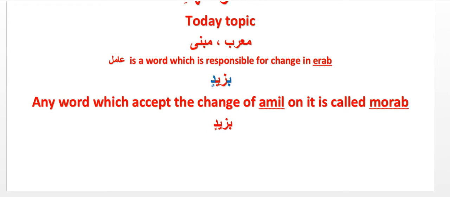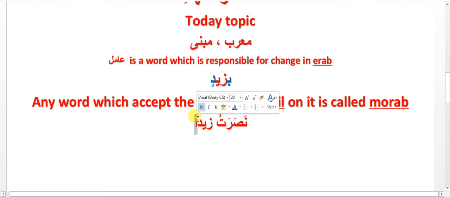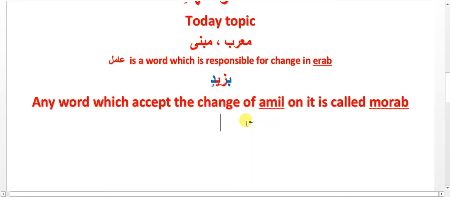And when we make something like nasara, nasartu, I'm writing. You don't have to worry about nasartu. We will learn later in the sarf video, inshallah. Nasartu Zaidan. Here Zaidan accepts zabar on it. So you see, Zaidan accepted all the three I'rab according to the change of amil.